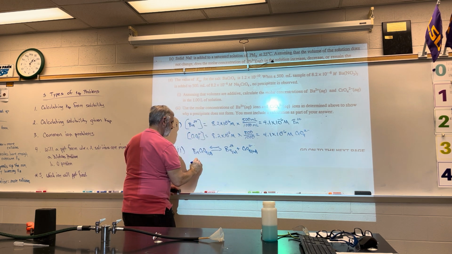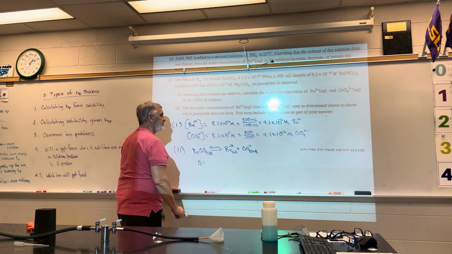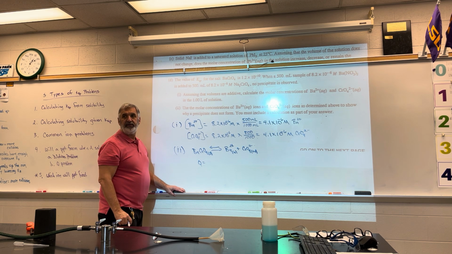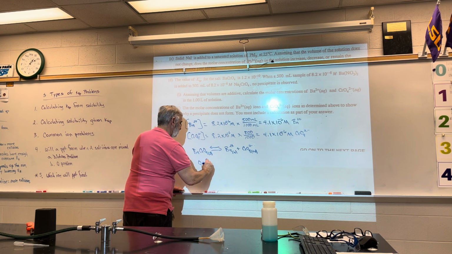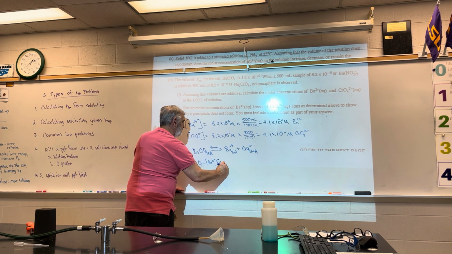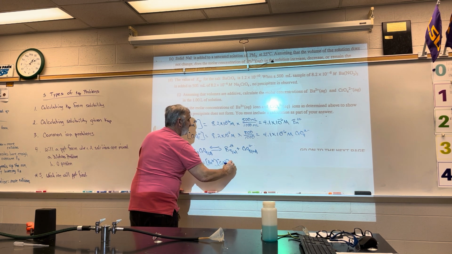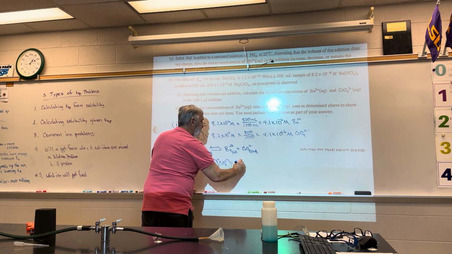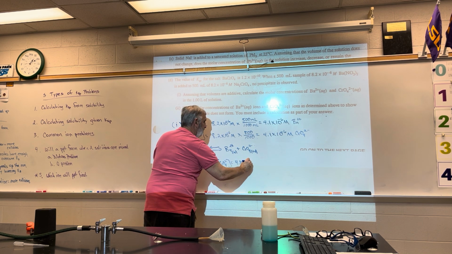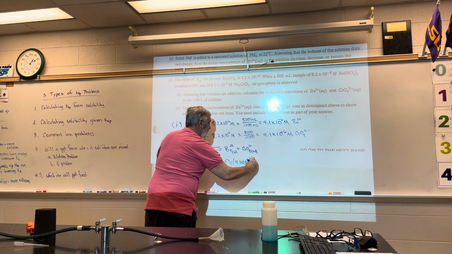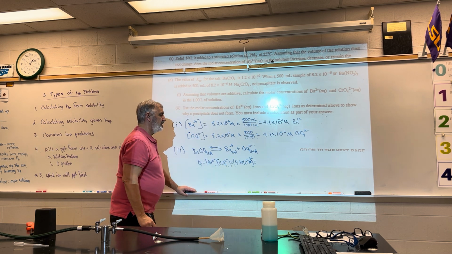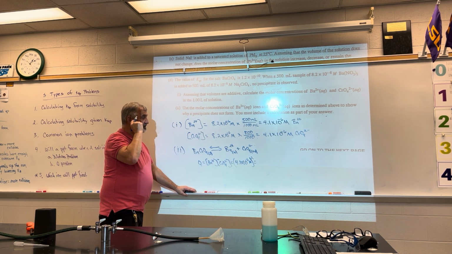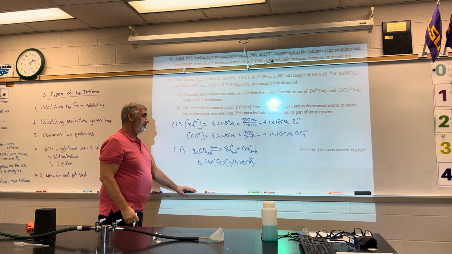Therefore, Q is going to equal what times what? Ba2+ times CrO4 2-, which, since they're both the same, is equal to 4.1 times 10 to the minus 6 molar squared. Which comes out to what, 1.7, 1.8?